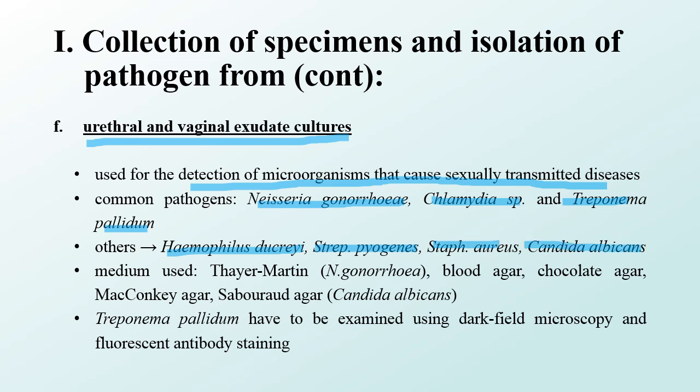The common media are Thayer-Martin for Neisseria gonorrhoeae, blood agar, chocolate agar, MacConkey agar, and Sabouraud agar for Candida albicans. On the other hand, for Treponema pallidum, the detection is usually performed using dark field microscopy, and sometimes also fluorescent antibody staining. People hardly use fluorescent antibody staining because it's quite expensive.